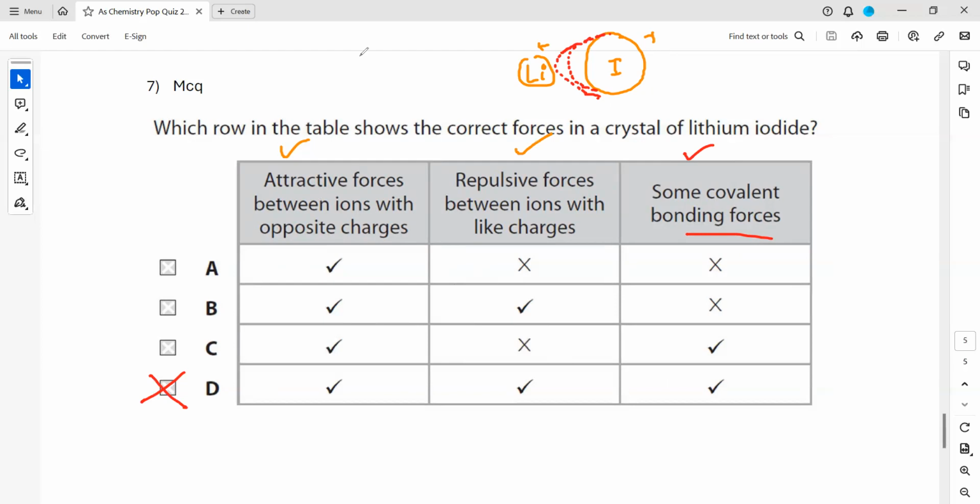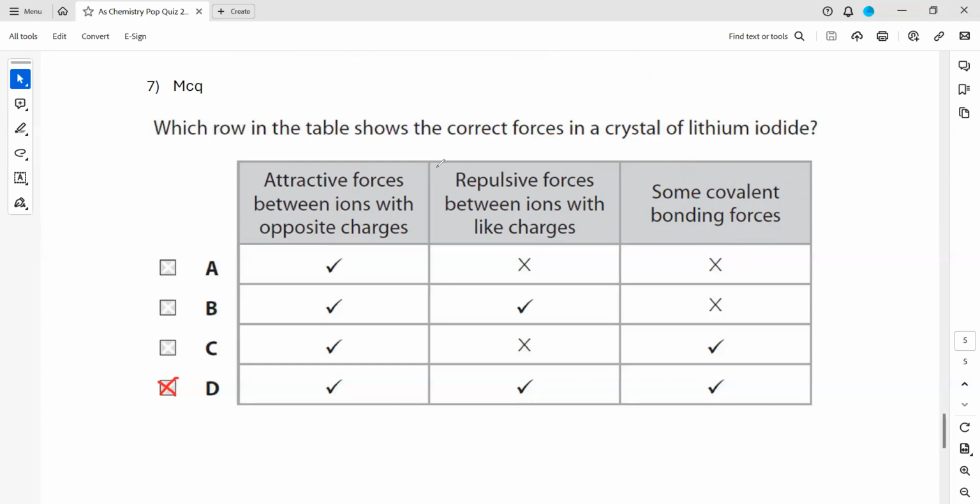If it was isoelectronic, for example, when we have sodium and fluoride, the sodium ion has 10 electrons and the fluoride ion also has 10 electrons. So when we have isoelectronic ions, there is no distortion and this will not be there. But because this is not isoelectronic, the lithium ion's electrons and the iodide ion's electrons are not the same, as a result this will cause a distortion of the negative ion.